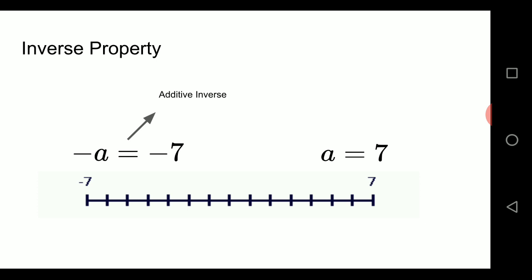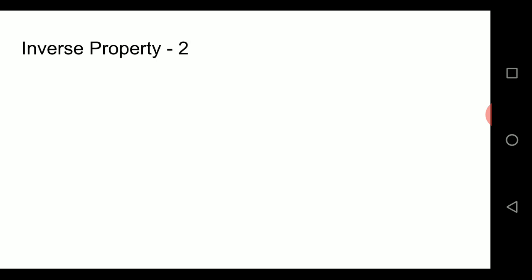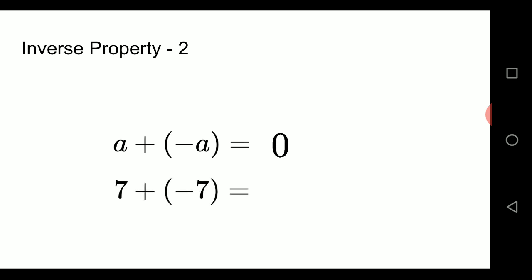Negative 7 is the additive inverse of 7. Why is it called additive inverse? Because if you add a number plus its inverse, you're going to get 0. Suppose I add 7 plus negative 7, I'm going to get 0. This property is known as the inverse property.